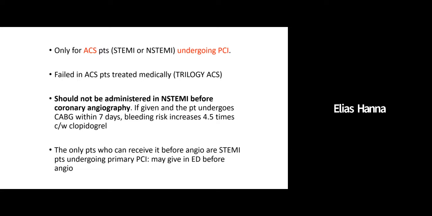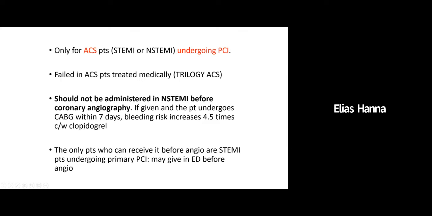Actually, if given, the patient has to wait at least 7 days for CABG, and if you have to undergo CABG within 7 days, the bleeding risk is 4.5 times higher. The surgical bleeding risk is 4.5 times higher. Keep in mind that Plavix already increases surgical bleeding risk by around 4%.